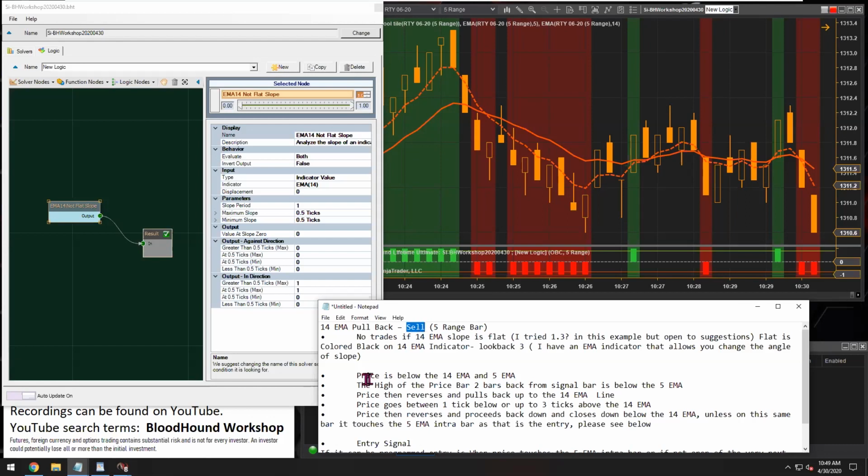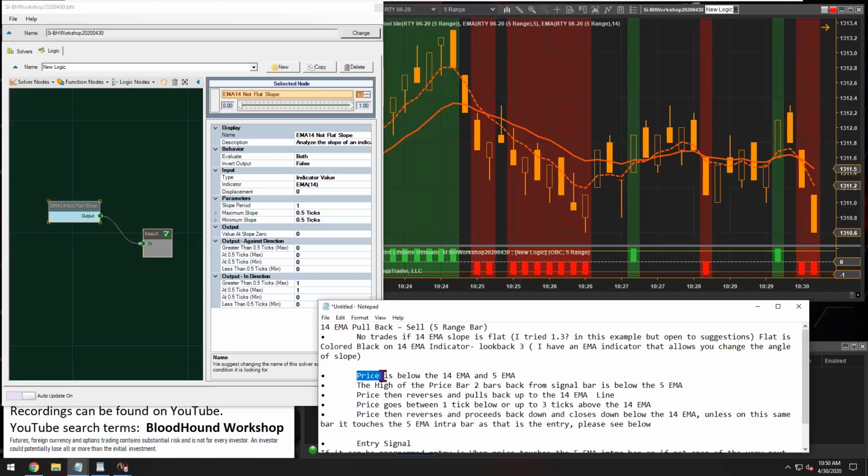So for a sell, price needs to be below the 14 EMA and the 5 EMA. So that's how we need to start things here. Again, what is price? That's subjective. We do mention the high.